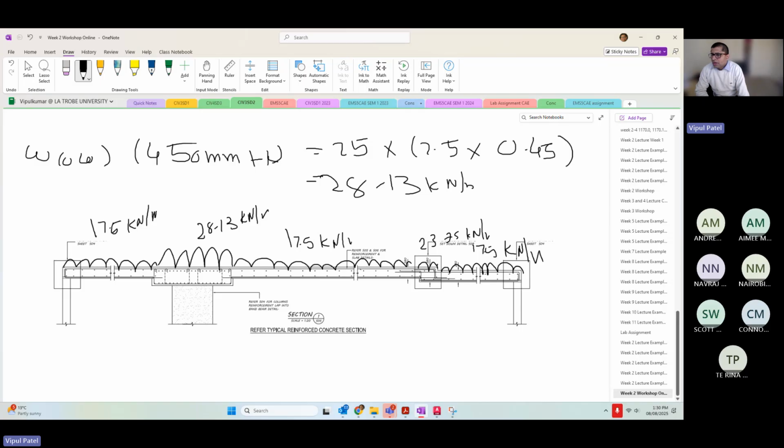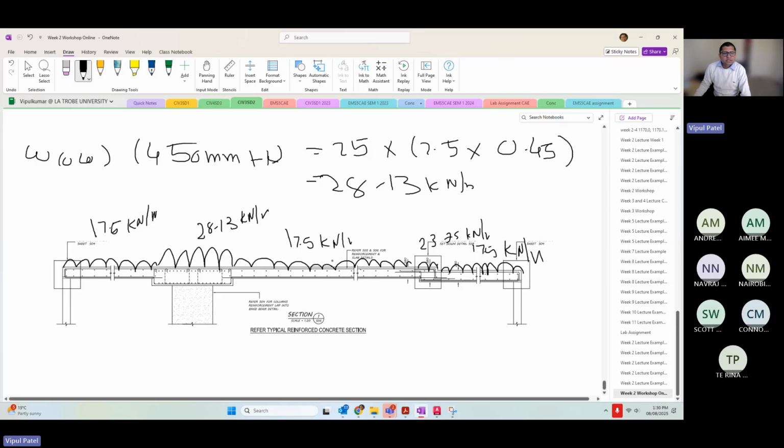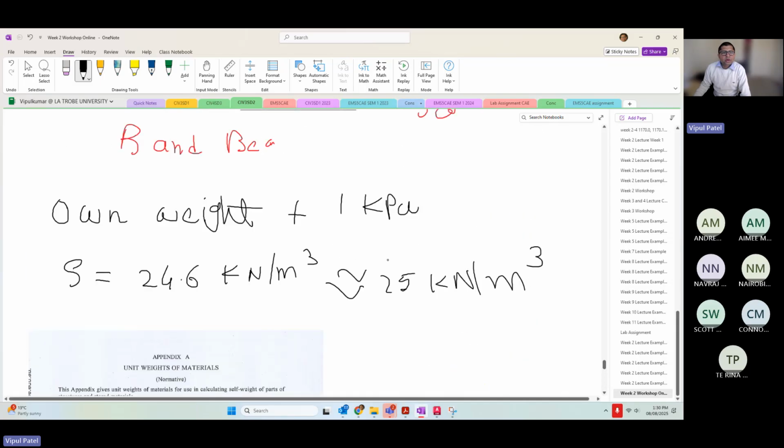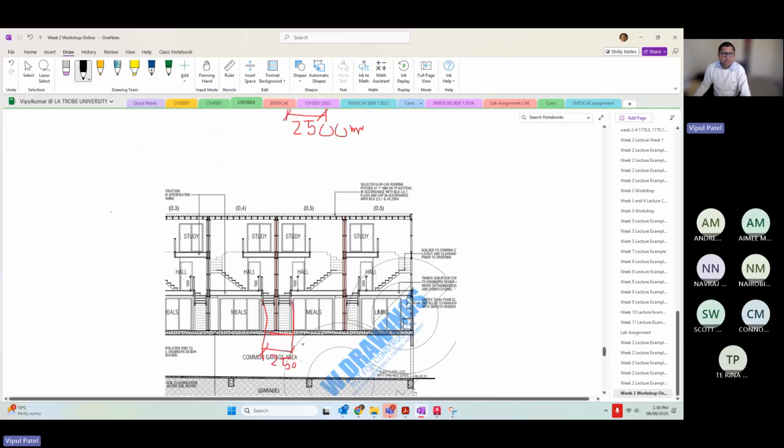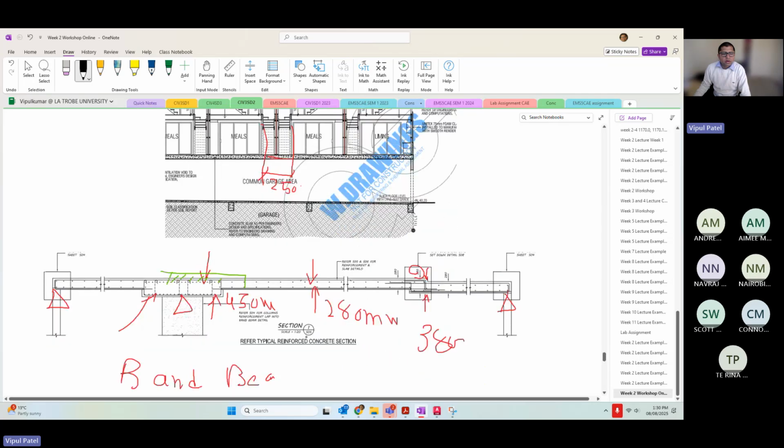As the thickness increases, that will just boost up your dead loads. Now, line load for superimposed dead loads, because there is an extra 1 kilopascal. You remember that I told you the story about 1 kilopascal dead load because of the tiling and all these details.